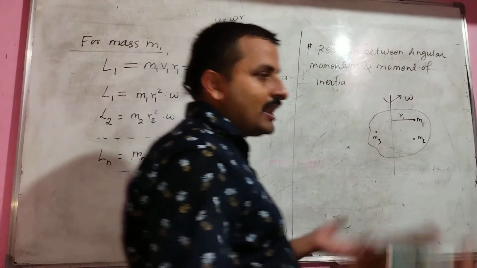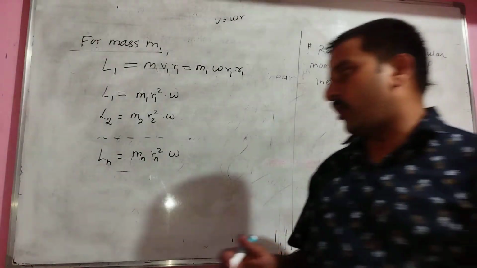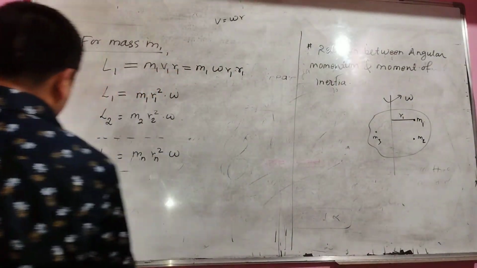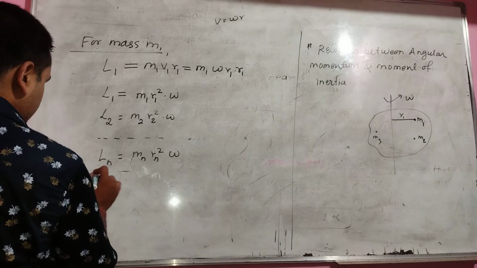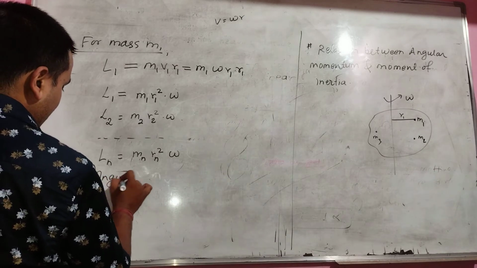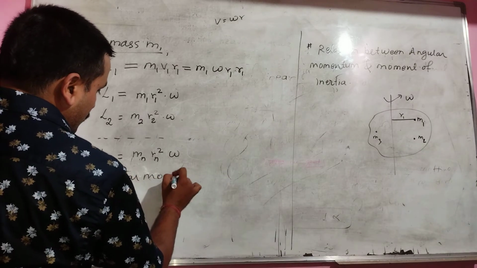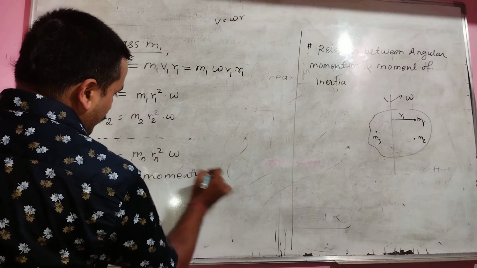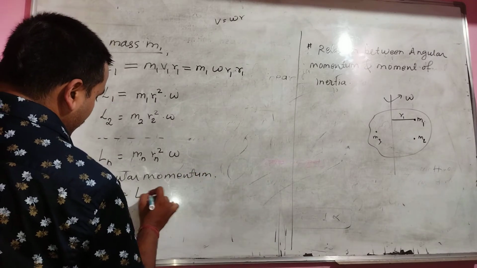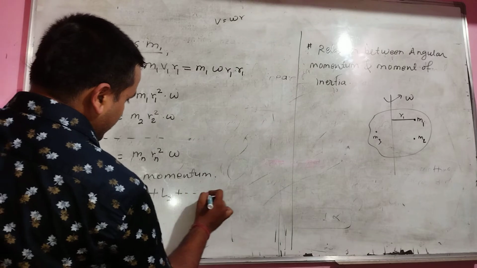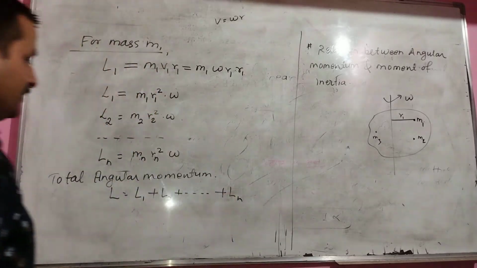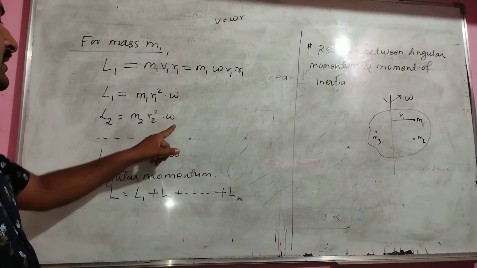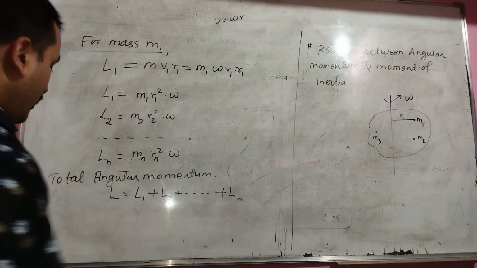Just like before for the torque, here also we take the total angular momentum. Total angular momentum L is equal to L1 plus L2 plus dot dot plus Ln. Here omega is common to all terms.